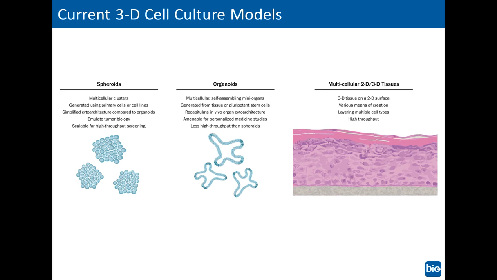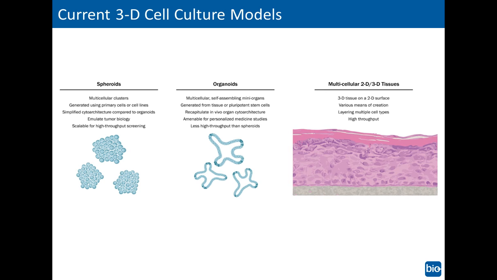well. Organoids in the center here are multicellular self-assembling mini organs, and these have really taken off in the last 10 years. They are cultured in a 3-dimensional matrix, such as Cultrex BME or collagen. They tend to be generated directly from tissue biopsies or from pluripotent stem cells.